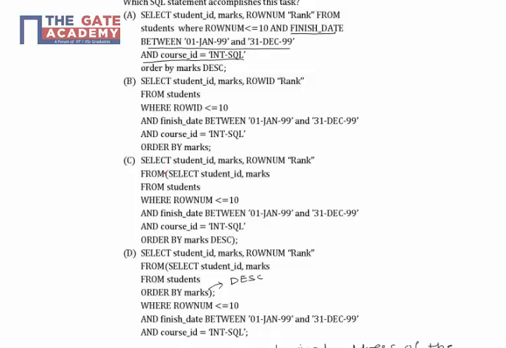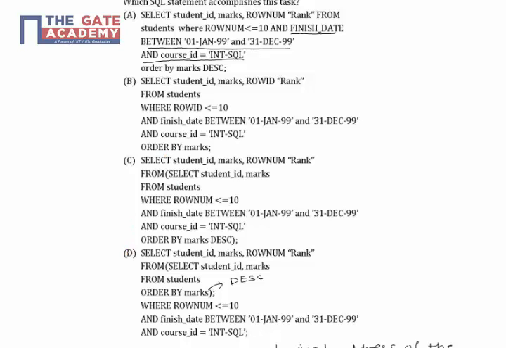Also note that the query in option C is invalid because in the result of the nested query we only have 2 columns, whereas we are selecting 3 columns from the result of the inner query, which is not possible. So option C is also wrong.